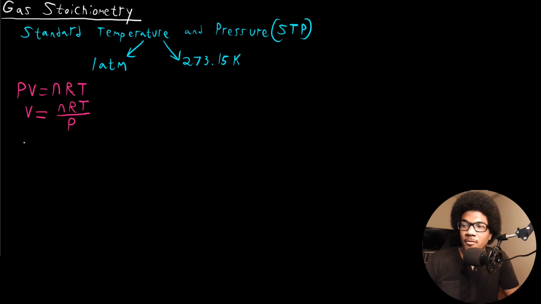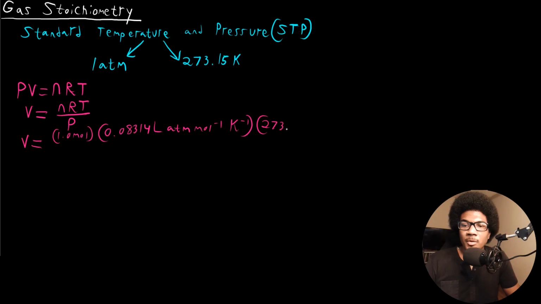Then we just have to plug everything in to solve, right? So volume is equal to 1 mole, times our gas constant, 0.08314 liter atm per mole per Kelvin, times 273.15 Kelvin as our standard temperature, over the pressure, which is 1 atm.